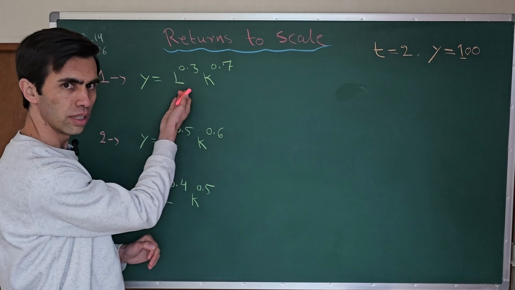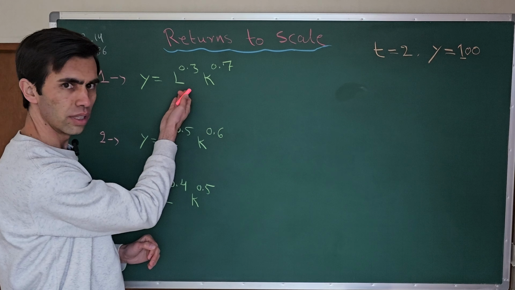So we have 2 to the power of 0.3 and 2 to the power of 0.7, which gives 2 to the power of 0.7 plus 0.3, equal to 2 to the power of 1, multiplied by L to the power of 0.3 times K to the power of 0.7. And we know that L to the power of 0.3 times K to the power of 0.7 is the initial production function, which is equal to y.